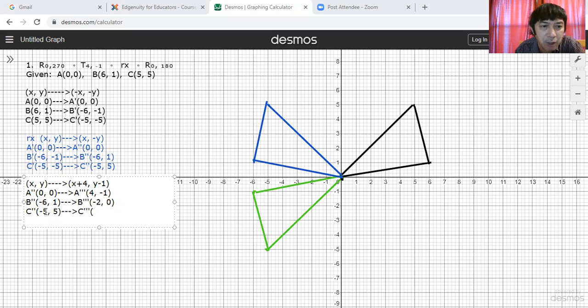So that means negative 5 plus 4. That's a negative 1. And next is y. Our y is 5. So we will use this y minus 1 here. Y is 5. So 5 minus 1, that's 4. There. We're done with the translation.